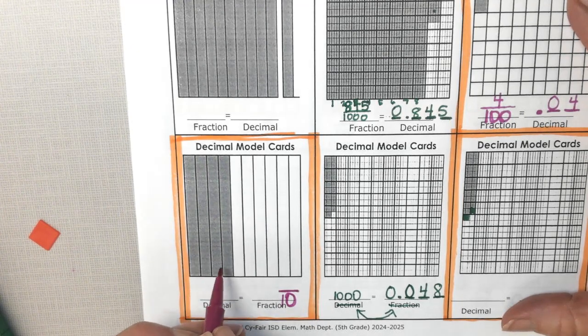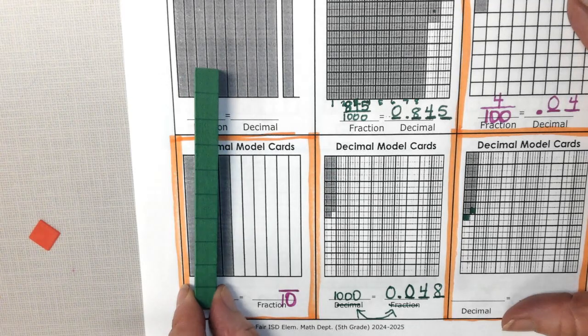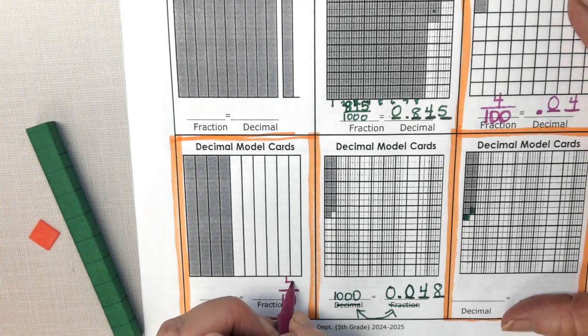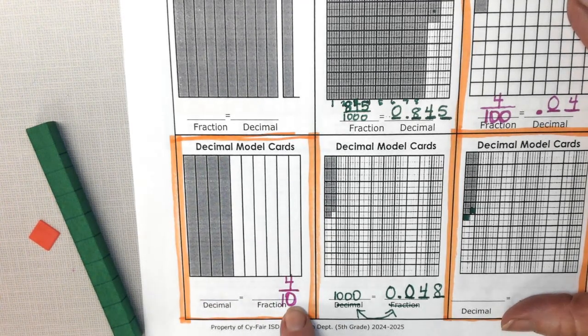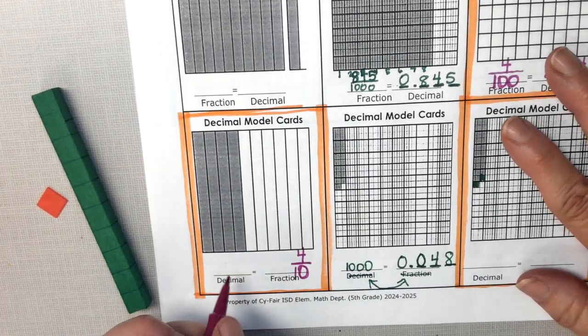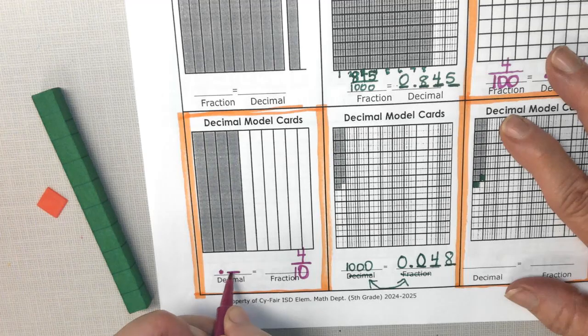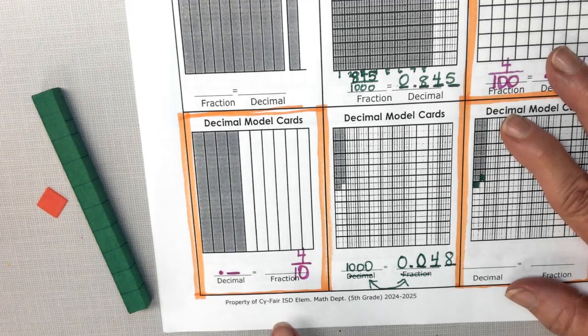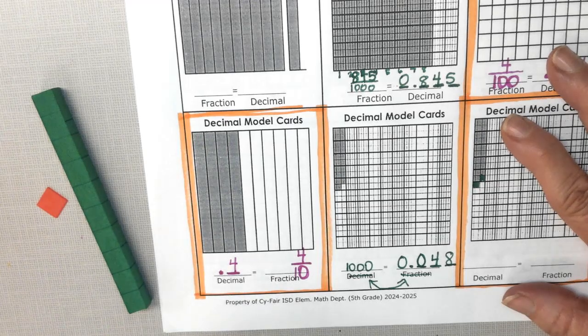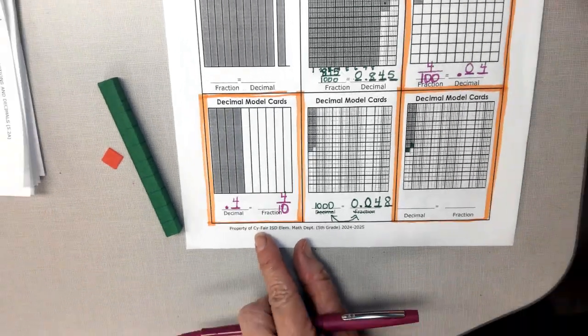How many tenths are shaded in this model, Kevin? 4. 4 is my numerator. Since I have a 10 representing the tenth, I just need to worry about one place behind the decimal. And that is the tenths. There are 4 tenths.